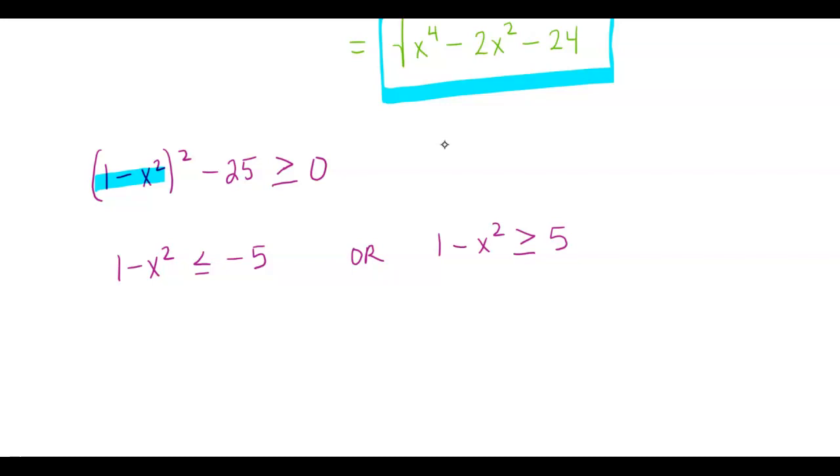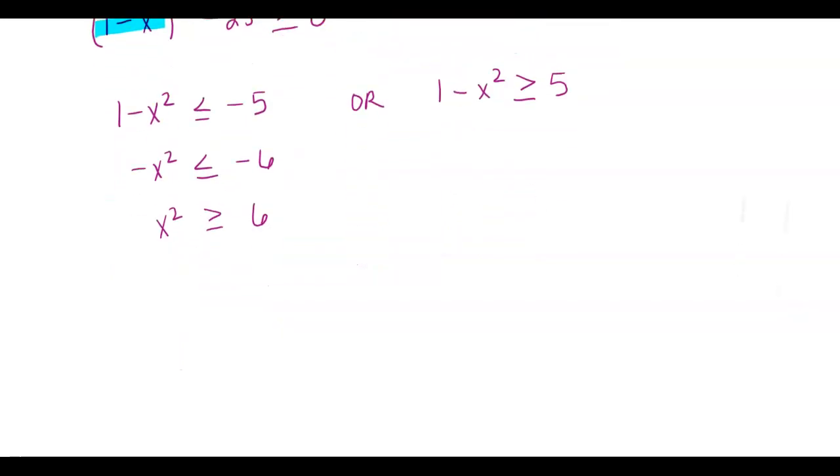Okay, starting with the one on the left, let's subtract 1 from both sides. And then when we divide by a negative number, we have to switch the inequality. So we have x squared greater than or equal to 6.